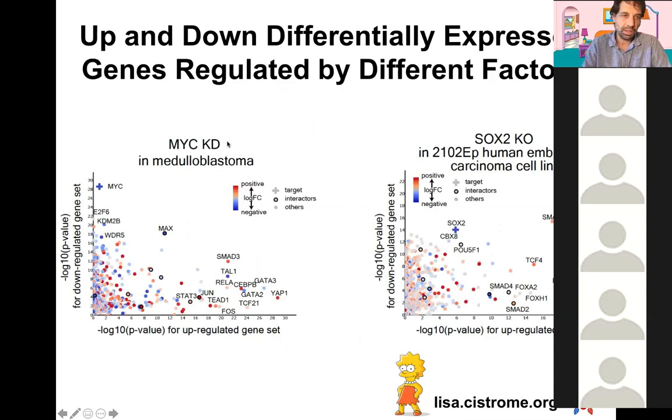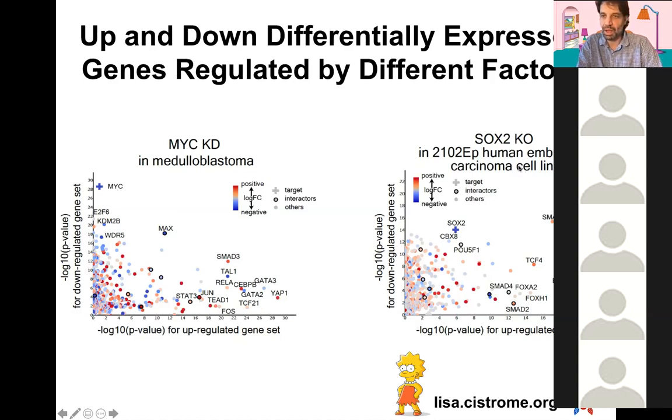This is just an example. We did analysis of a MYC knockdown experiment, and LISA predicts MYC to be the key regulator for the downregulated genes. This is a knockdown, so MYC has a largely activating function. Then we find a lot of other transcription factors in the other direction, so the consequence of knocking down MYC might result in regulation of these other modules.